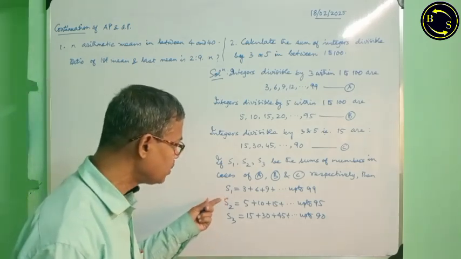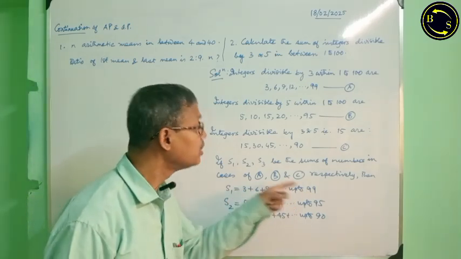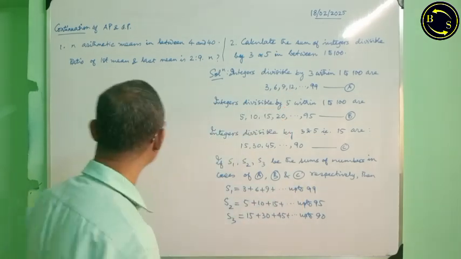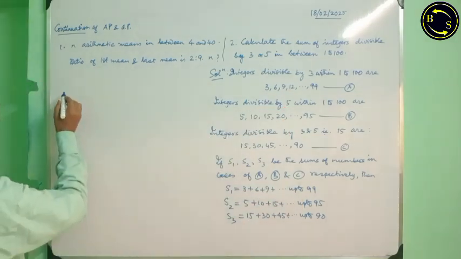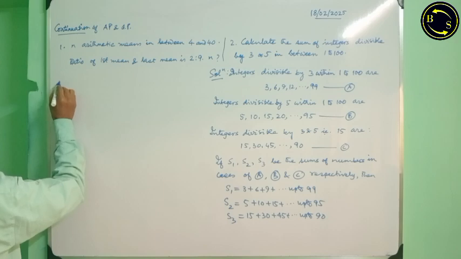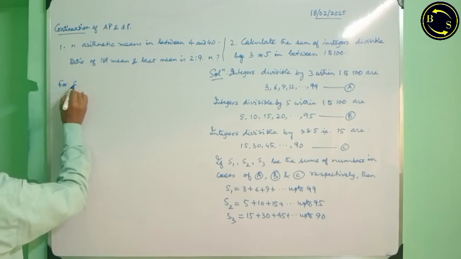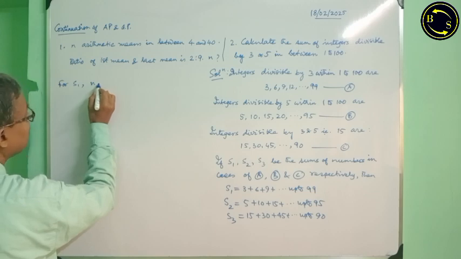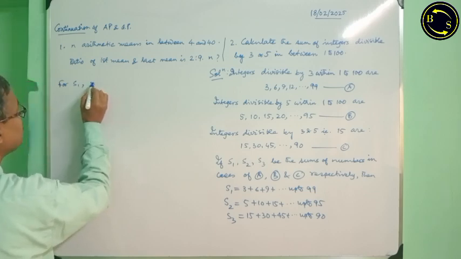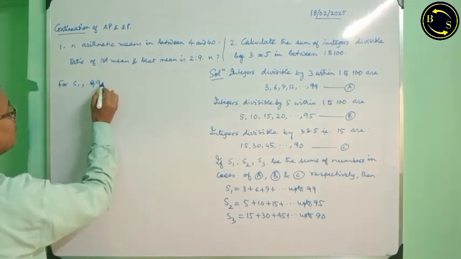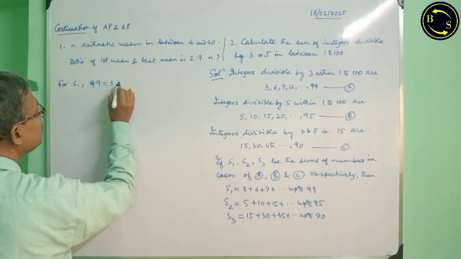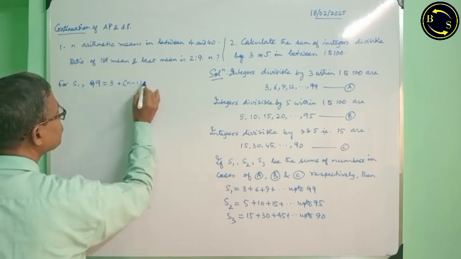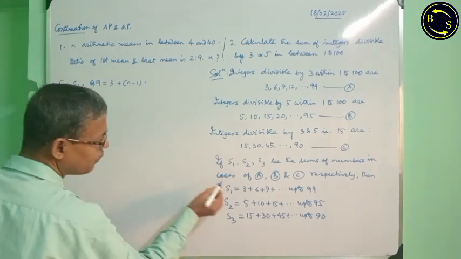Now we have to calculate how many 3's are in between 1 and 100. For that, for S1, 99 is equal to 3 in minus 1, here the common difference is 3.